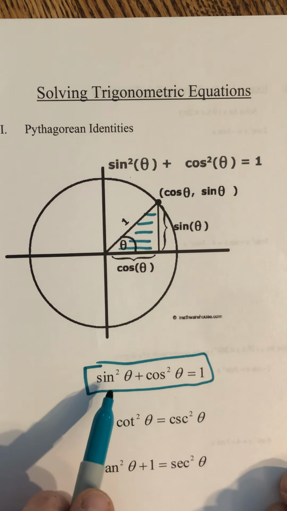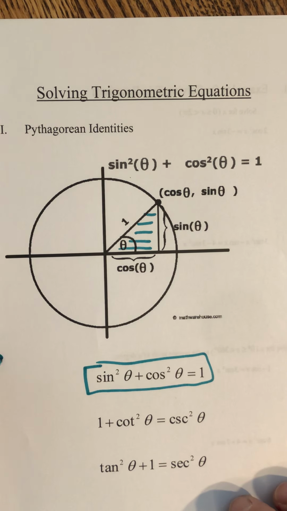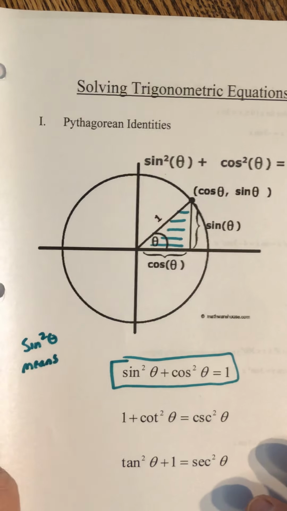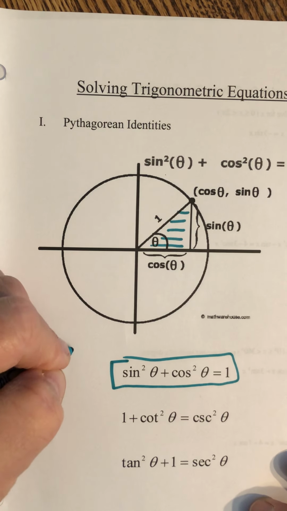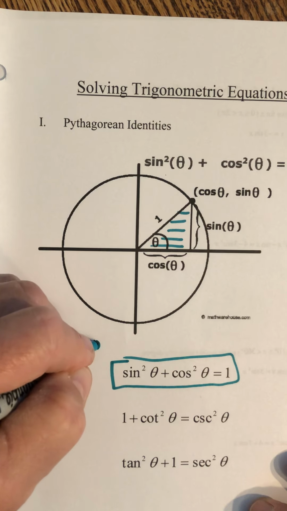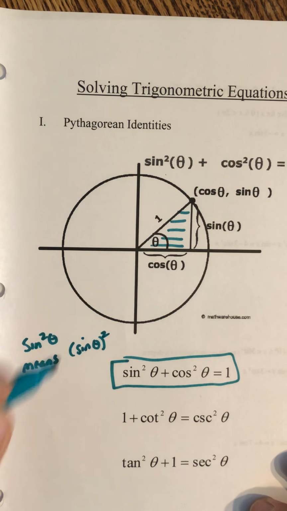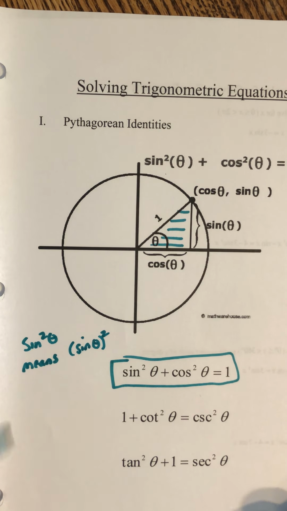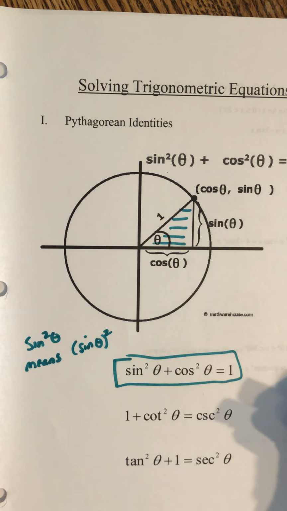So this notation, sine squared theta, means the same thing as the sine of theta, all squared. Okay? But mathematicians, remember, I've told you many times, mathematicians are kind of lazy.